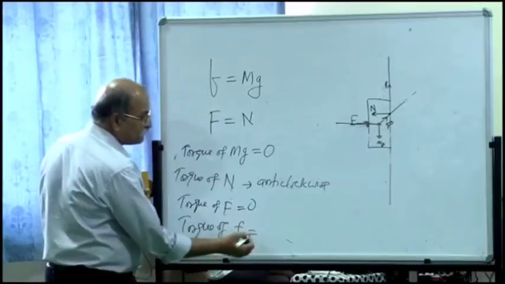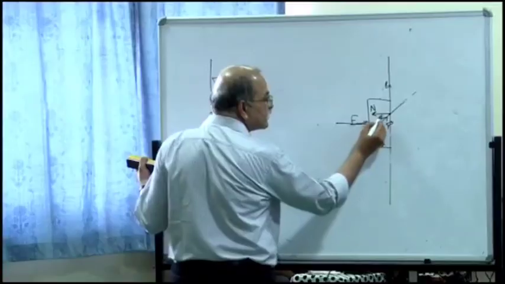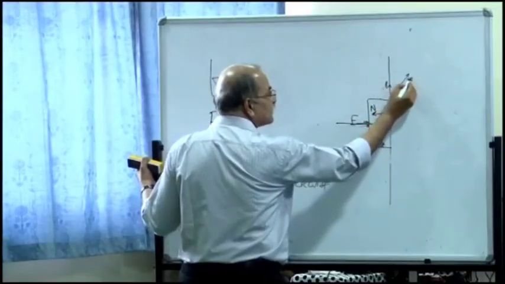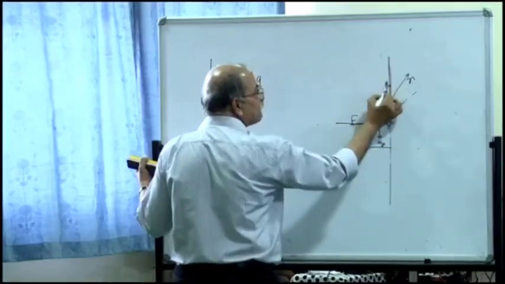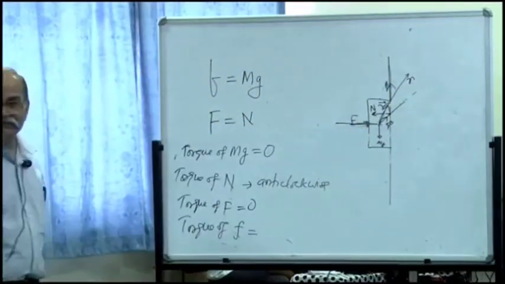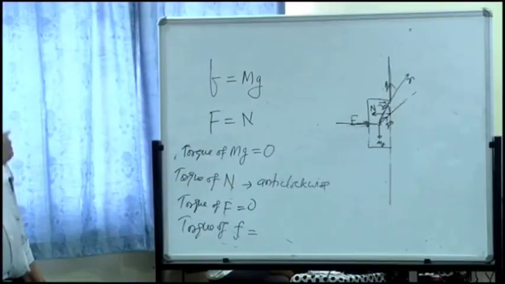Then what is left? Small f, friction. Now this is the direction of r vector, and this is F vector. What is the direction, towards us? Clockwise or anti-clockwise?